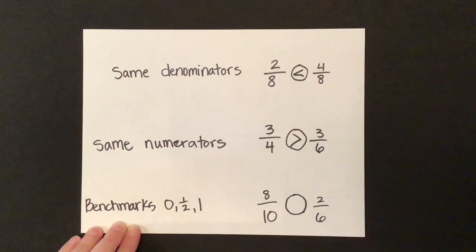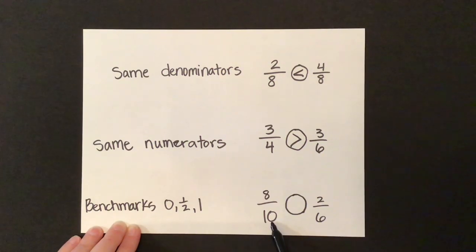We've also learned how to think about the size of the fractions and compare them to our benchmarks, 0, 1/2, or a whole. That's a great strategy that can help us compare two fractions. For example, I know that 8/10 is over 5/10, so 8/10 is over a half. In fact, it's pretty close to a whole.